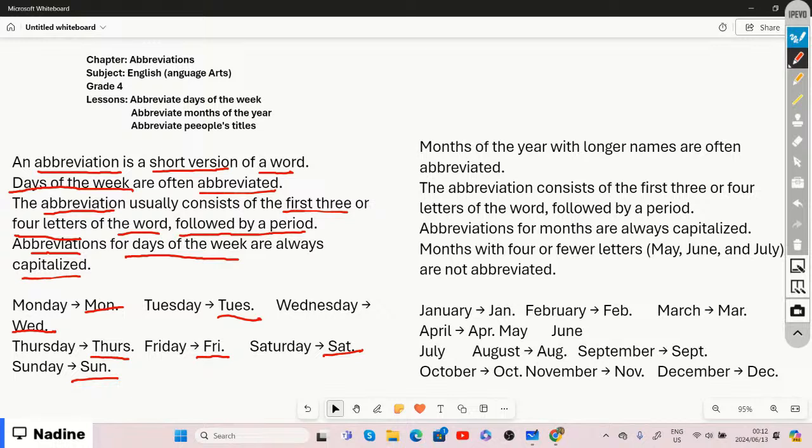And then we can also abbreviate months of the year. So most of the months with the longer names, they are often abbreviated, right? So with months of the year, the names that are longer, we abbreviate those words, and the names that are shorter, we do not abbreviate those words. Those words stay the same.